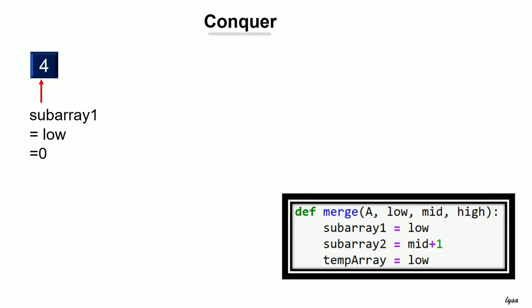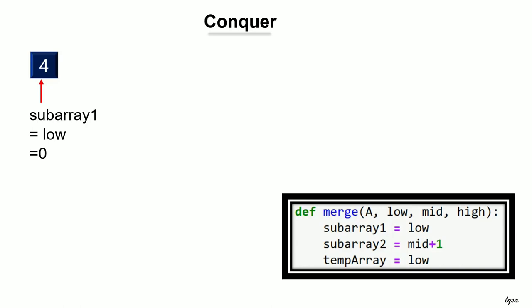Subarray 1 is a pointer that moves across the first sublist, and subarray 2 is a pointer that moves across the second sublist. In other words, subarray 1 is a variable which holds the index of all the values in subarray 1, and subarray 2 is pointing to the second or the right sublist and has the indices of the right sublist.